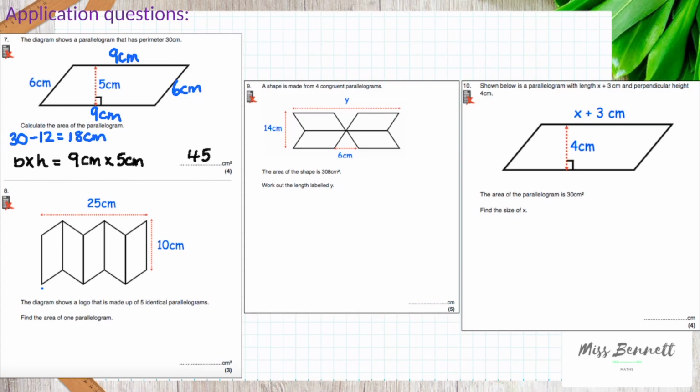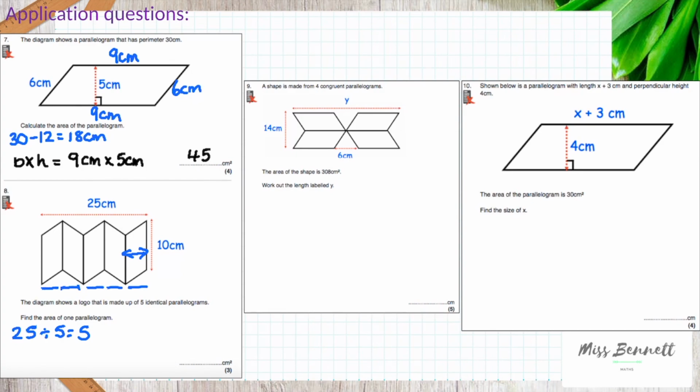So I know that there are 1, 2, 3, 4, 5 bases of these parallelograms. Now, the reason why I'm doing it this way is because remember we need to take the perpendicular height from here to here. Well, if this whole distance is 25 and I have 5 lengths here, which need to make 25, I need to do 25 divided by 5, giving me 5.